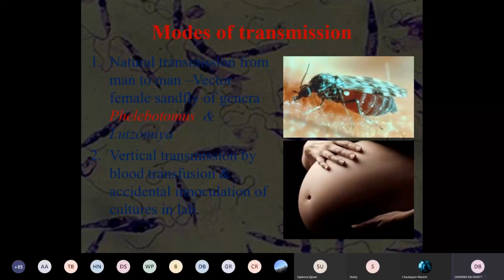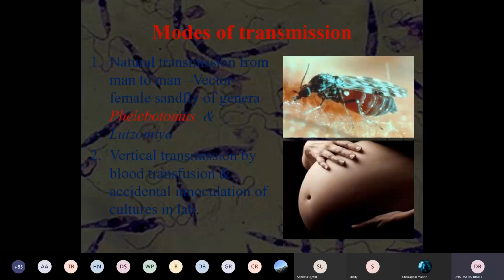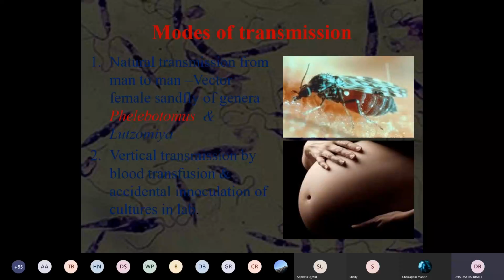Any other? Anyone else? Roll number 35. Is roll number 35 absent? I think so. Okay, roll number 53.